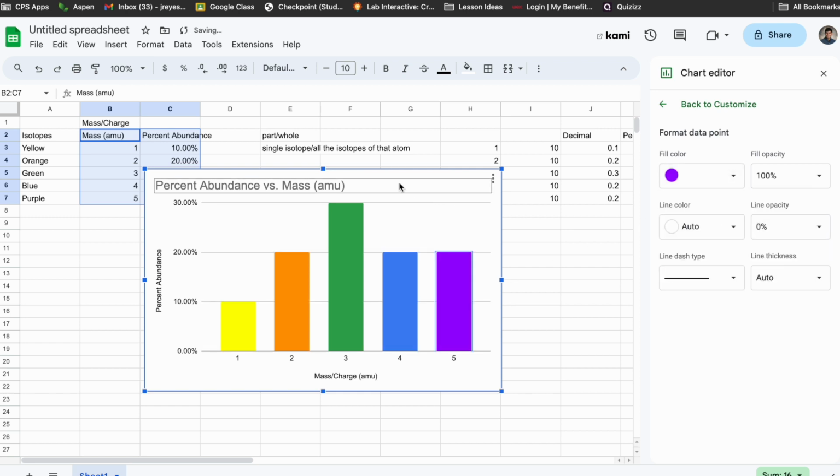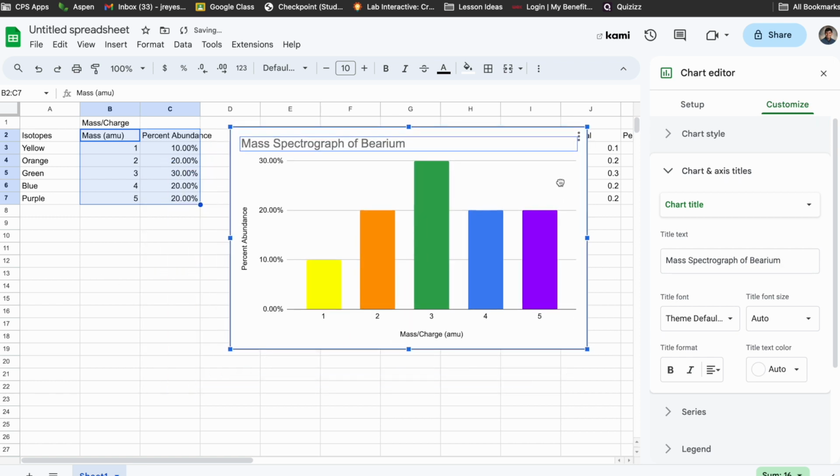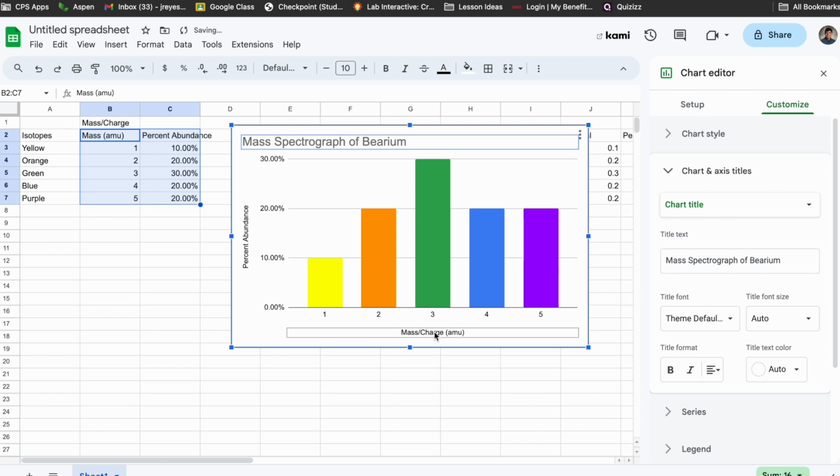All right. And so now you can see, I'm going to change this to mass spectrograph of barium. This is my mass spectrograph of barium now. Okay, I'm going to move this over to the side here.